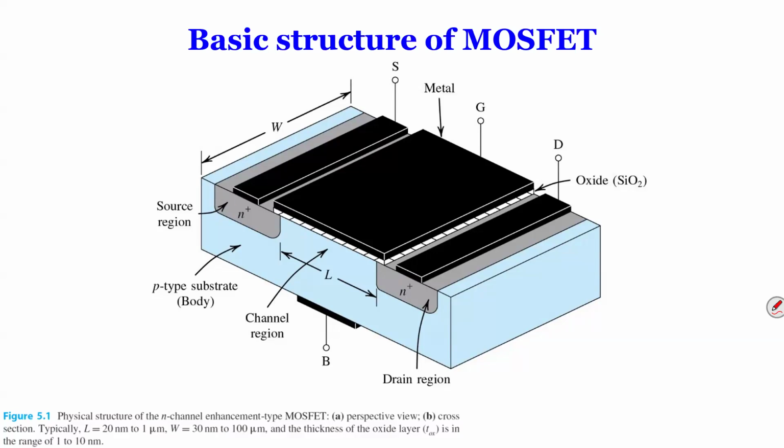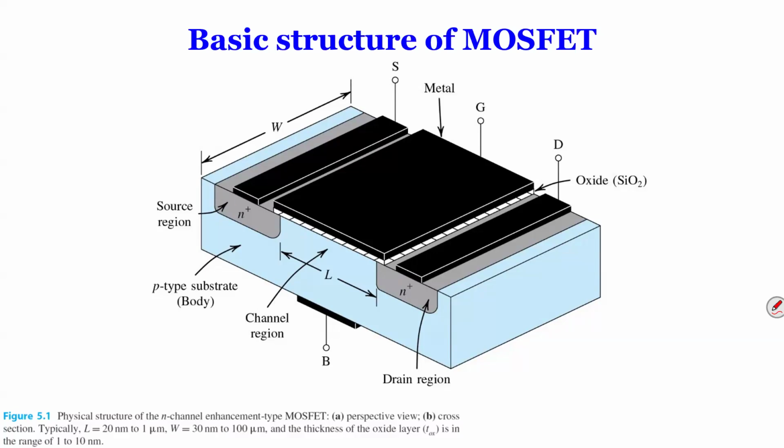And then on this substrate, we dig two wells, like here, you see, this way and this way, and then you put N-type material. N means a lot of electrons, so it's a negative material.